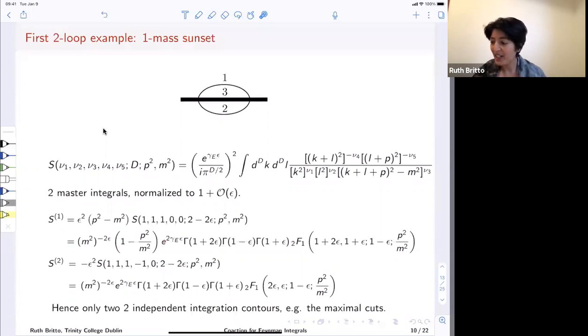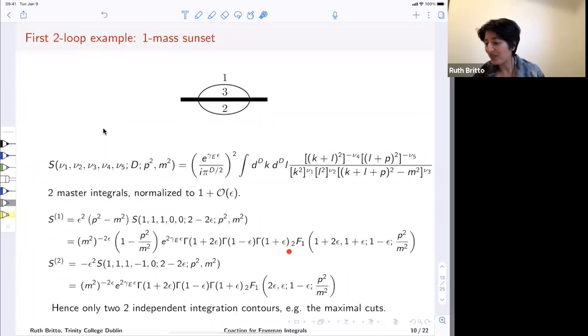We have here just 2F1 in each of these integrals. So we know that 2F1, this hypergeometric function, has a second order differential equation. So the fact that there are two solutions to the differential equation corresponds exactly to the fact that we have two master integrals here in the top topology.